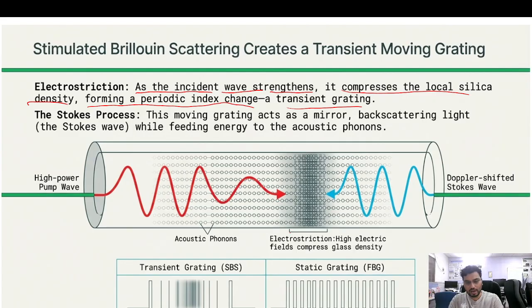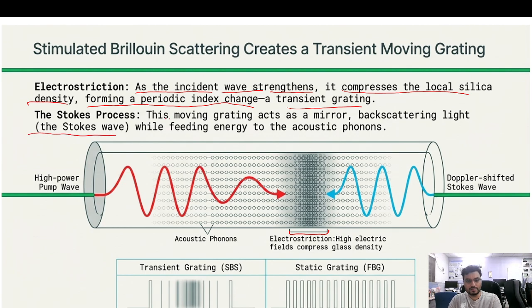You can see here how it makes electrostriction, and because of the high electric field compressing the glass density, these temporal transient gratings are created.